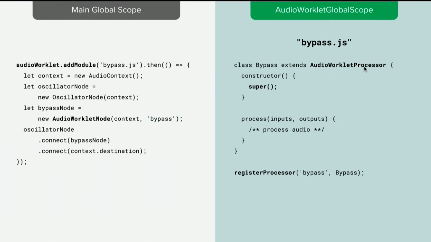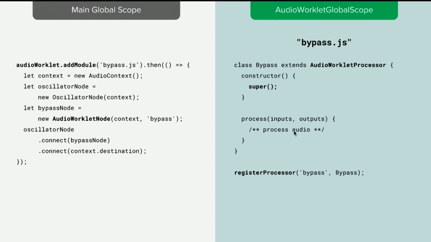Now we have AudioWorkletProcessor, and you extend it. This BypassProcessor is the name of the custom class that you are trying to make. In this class definition, you have a constructor, and more importantly, you have a process method.